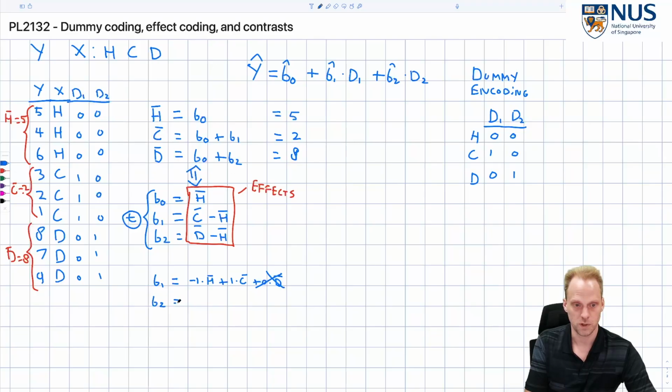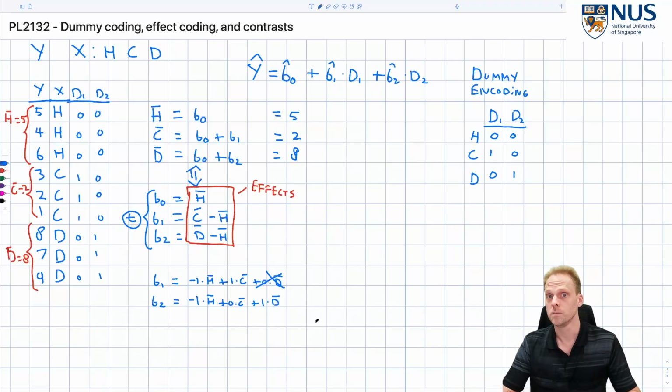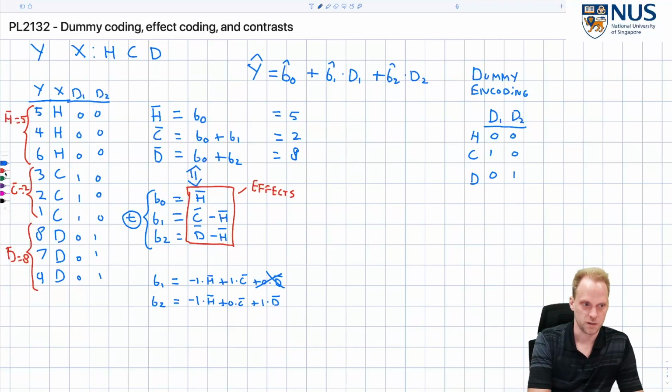B2 equals minus 1 times the average of hamsters, plus 0 times the average of cats, plus 1 times the average of dogs. It's just writing this equation in a slightly different way, but it's the exact same thing. Now you see here that we have two effects that we're interested in.